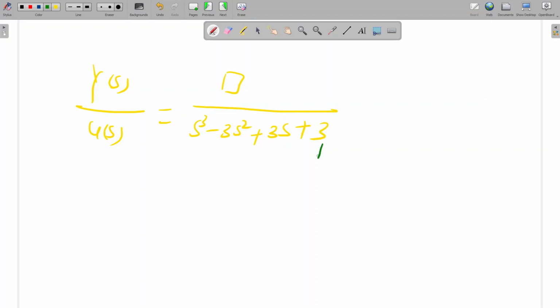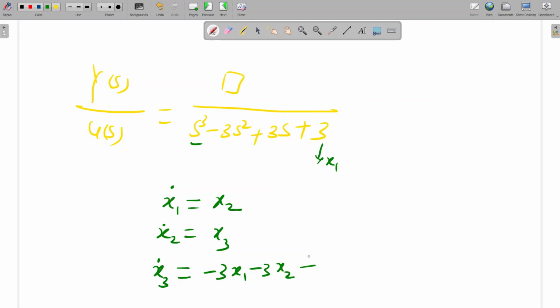I told that constant will assume as x1. So here x1 dot will be equal to x2, x2 dot will be equal to x3, and this will be x3 dot. So x3 dot will be equal to minus 3x1, minus 3x2 plus 3x3. Correct?